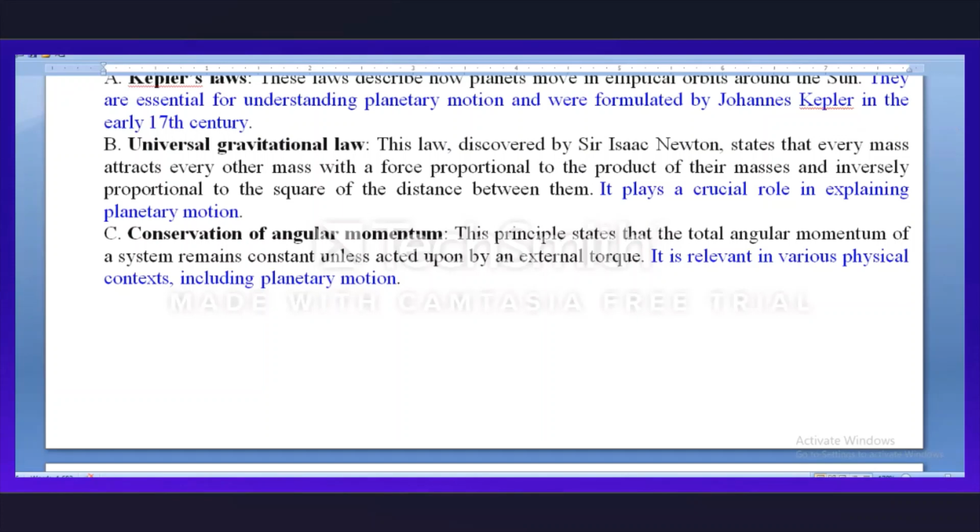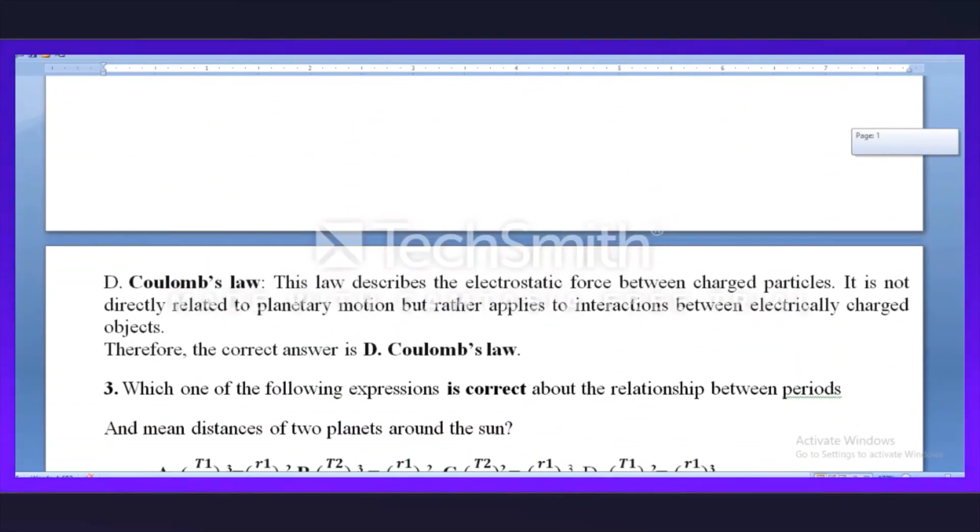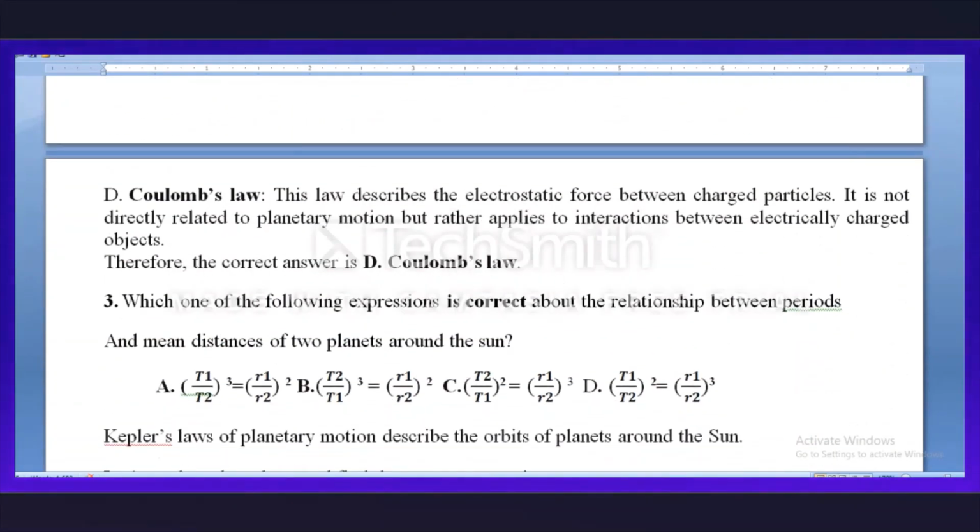From this, when we come to Coulomb's law, this law describes the electrostatic force between charged particles. It is not directly related to planetary motion, but rather applies to the interaction between electrically charged objects. Therefore, the correct answer for this problem is D. D says Coulomb's law.